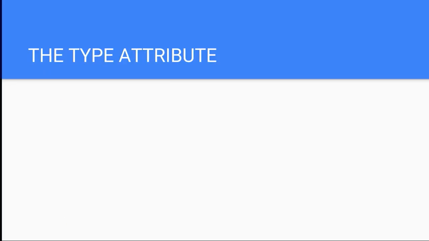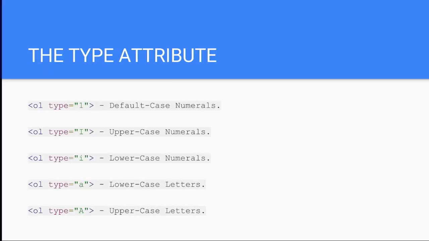Our next topic is the type attribute in the ordered list. So we have many types in the ordered list. If you mention the type in the opening tag, OL type 1, the default case, you will get the numeric numbers in the list, like 1, 2, 3, 4, 5, and so on.